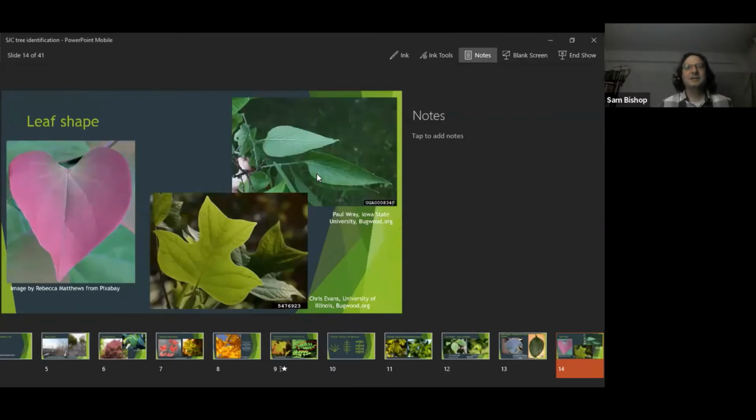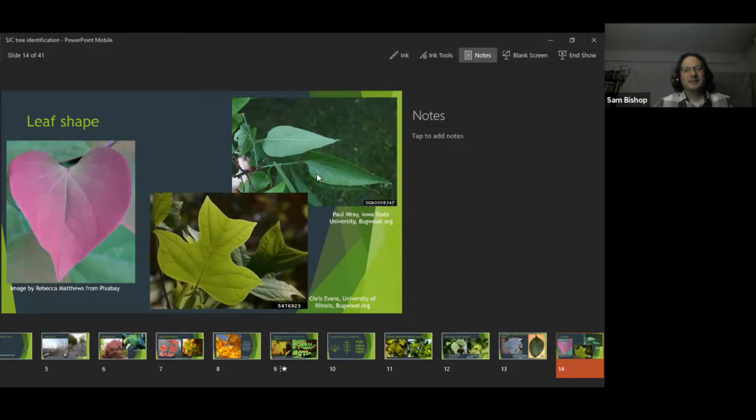And then finally, leaf shape. There's a whole bunch of technical terms for leaf shape if you look in the books that deal with it seriously. We'll just use very general terms. So you can see you've got that very obvious heart shape or spade shape on the left there, and that is a redbud.